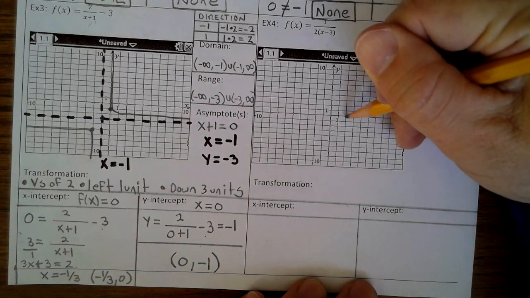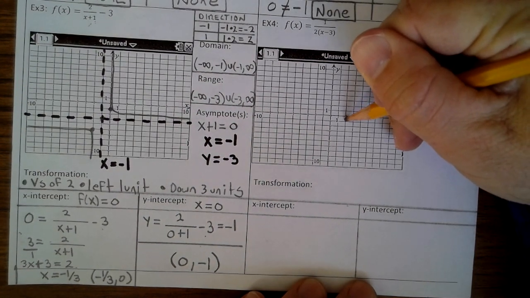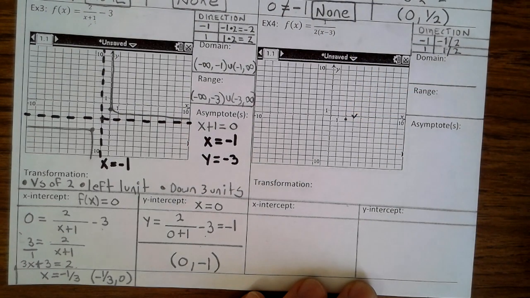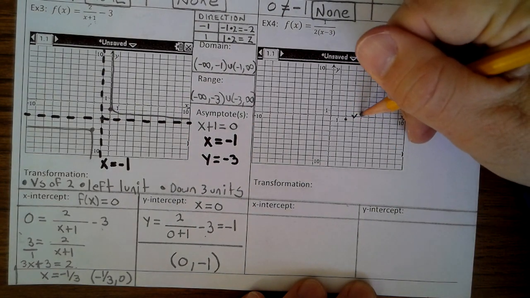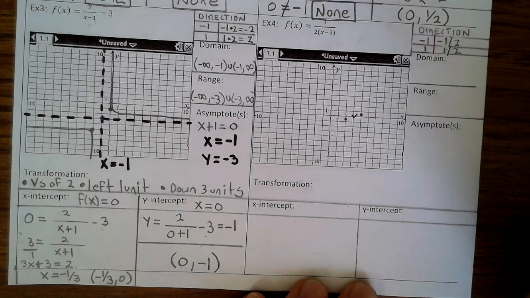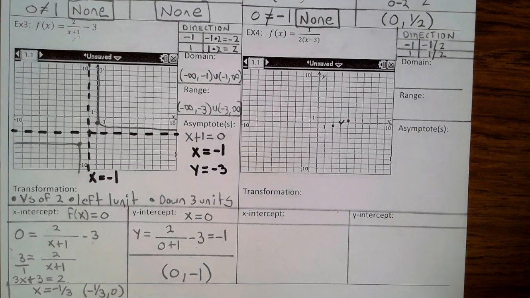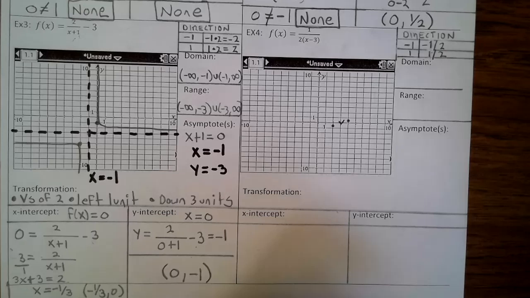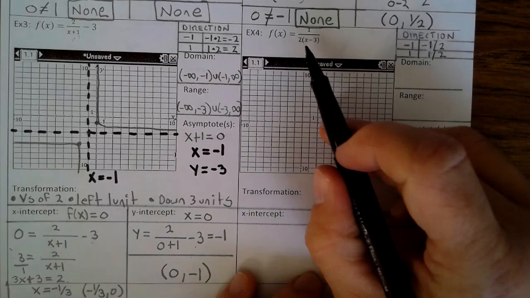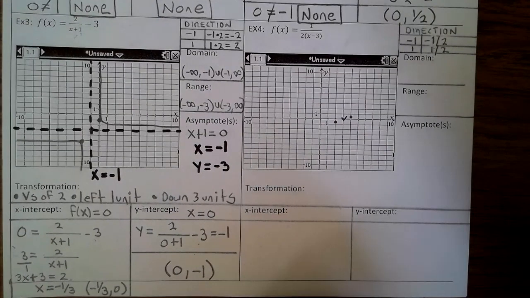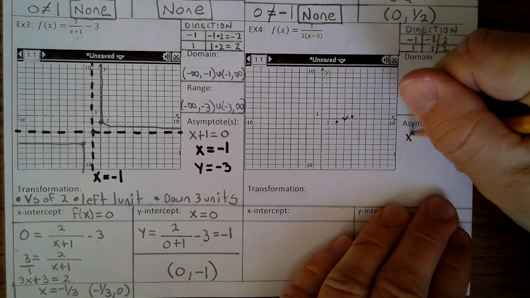Now our asymptotes, really we only need to worry about the x minus 3. So we set x minus 3 equal to 0. So our x equals 3 is our vertical asymptote. So 1, 2, 3.